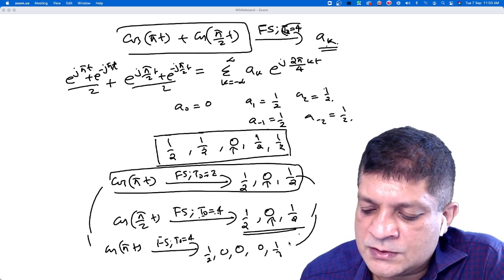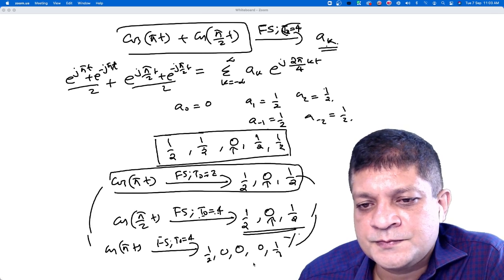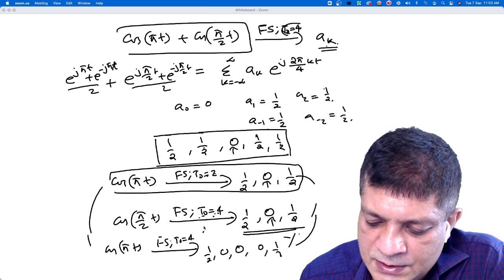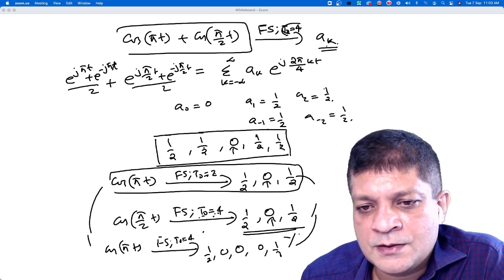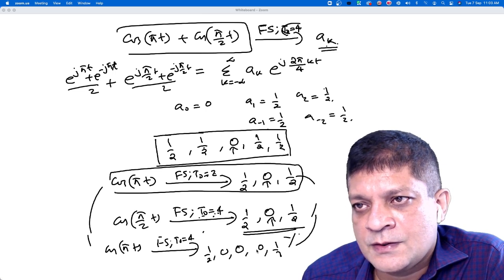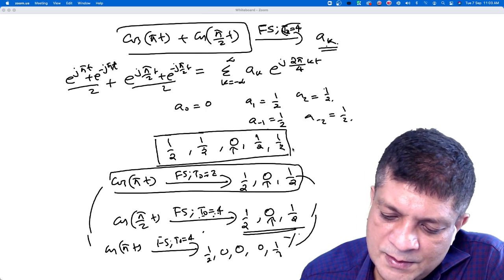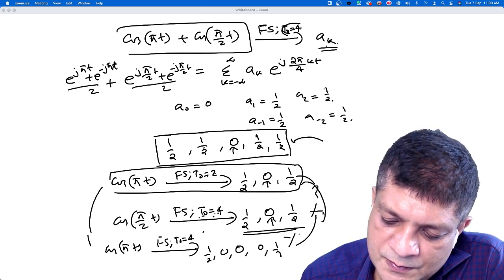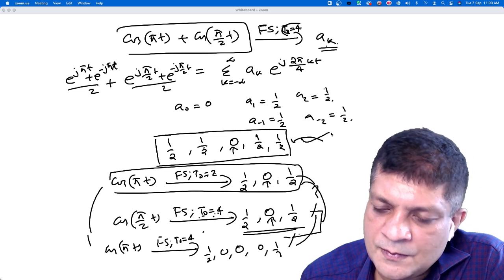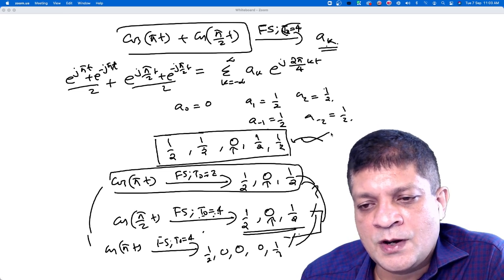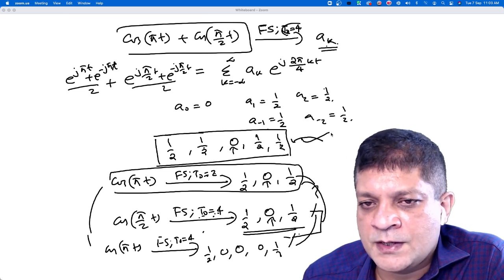Then we can add these two directly, isn't it? Because these two are the Fourier series representations with respect to the same period, we can add them directly. Will you get the same result if you add these two? Yes, sir. Okay. So the point is you have to be careful while applying the linearity property.